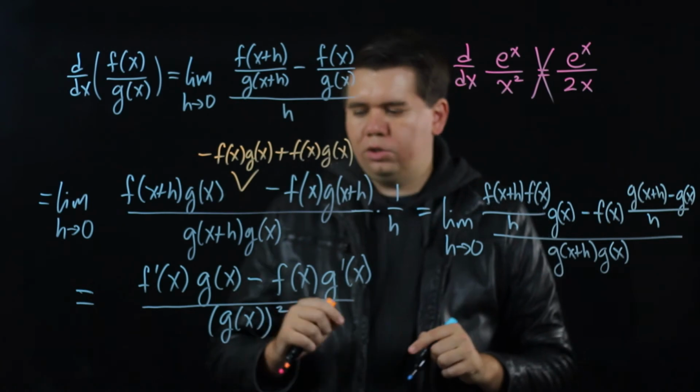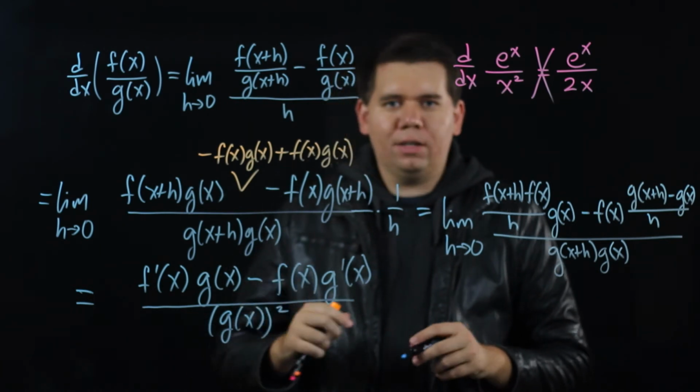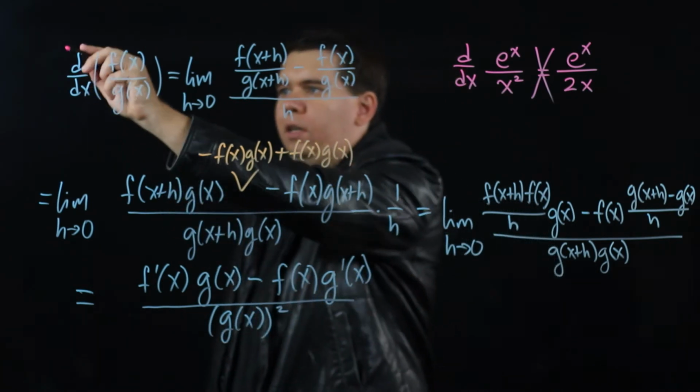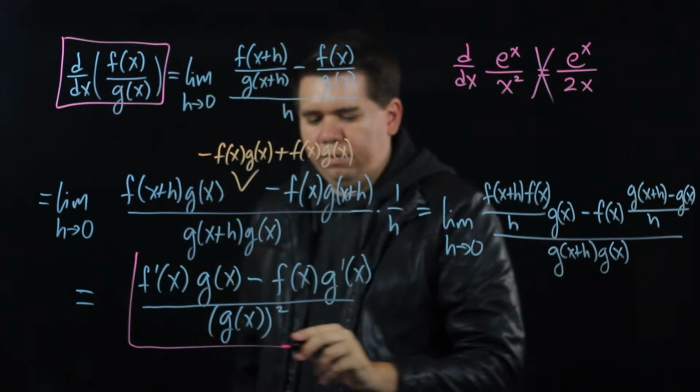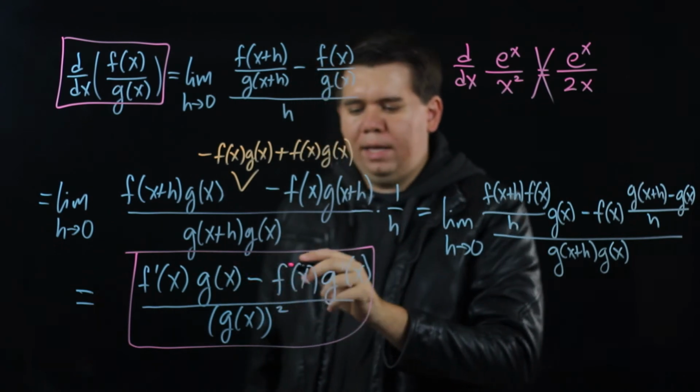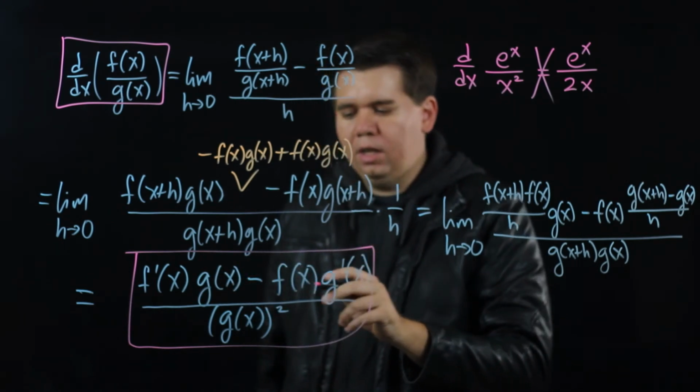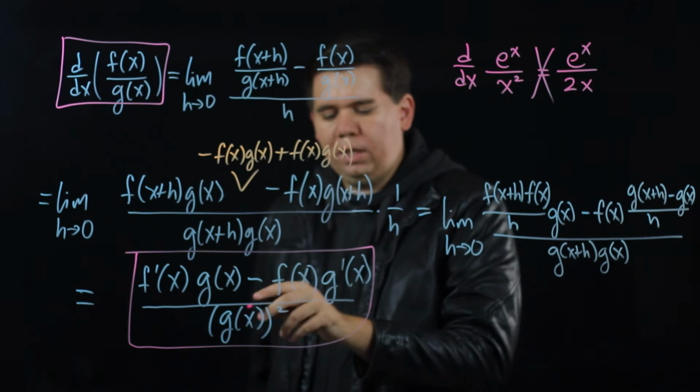G times g, g squared. This is how we calculate the derivative of a quotient. The derivative of f divided by g is just the derivative of f times g minus f times the derivative of g all over the g squared.